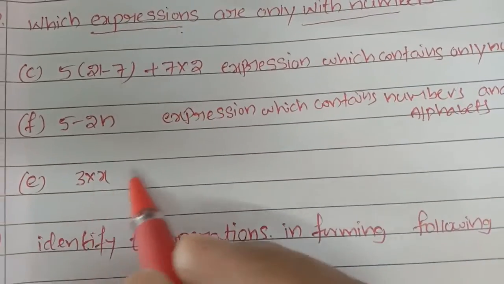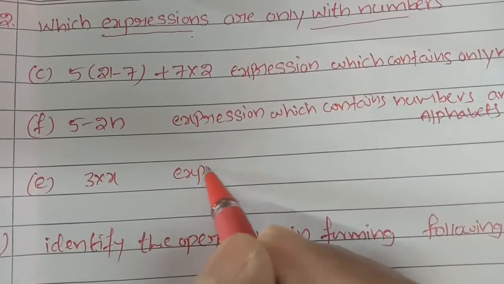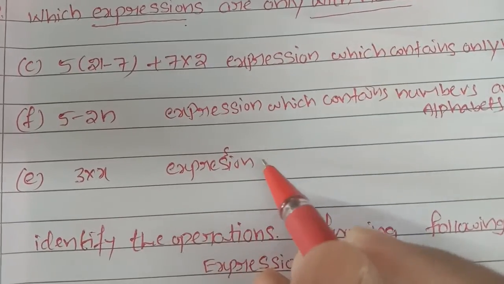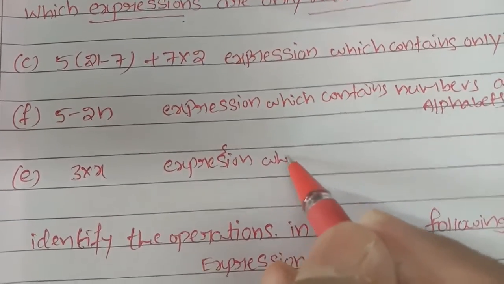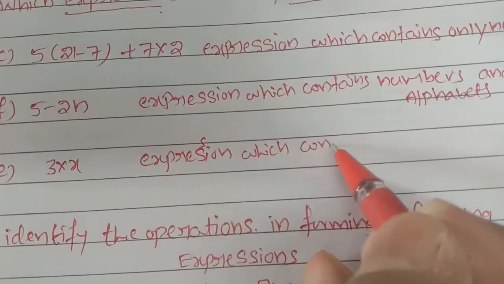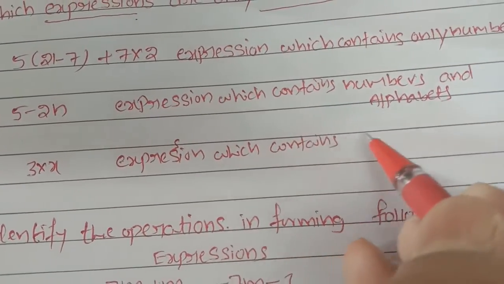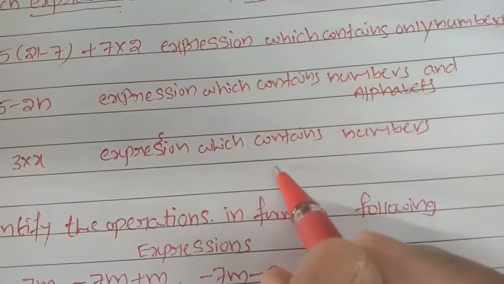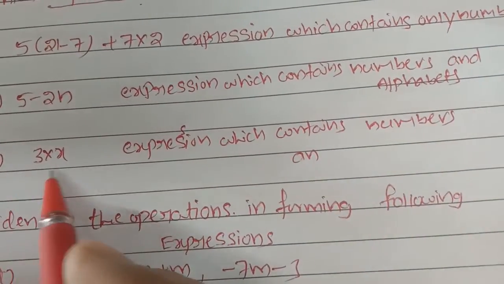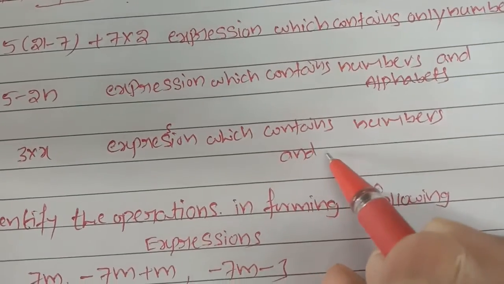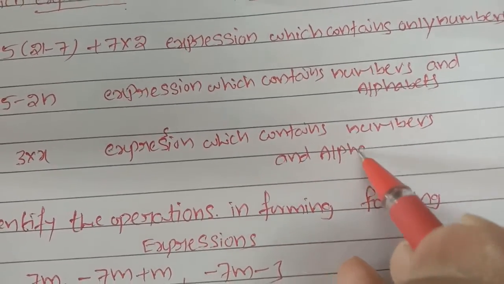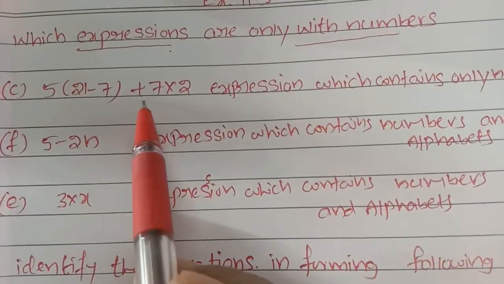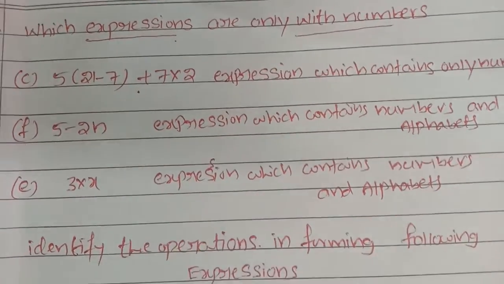And even this also is an expression which contains both numbers and alphabets. What is the number here? 3. The alphabet is x. So only this example is the expression with only constants.